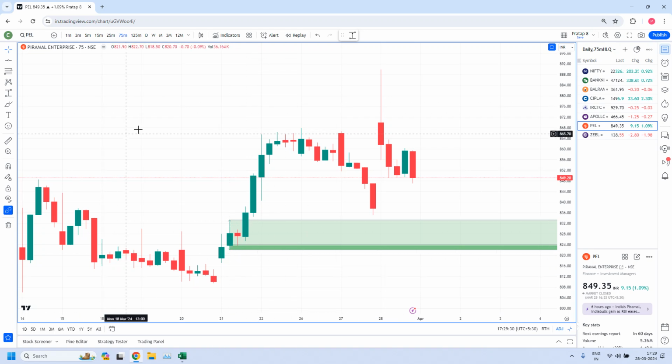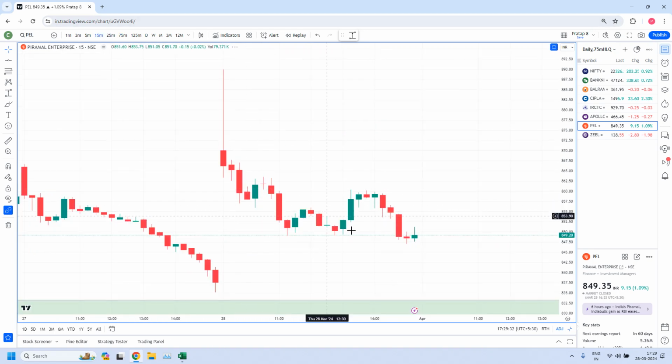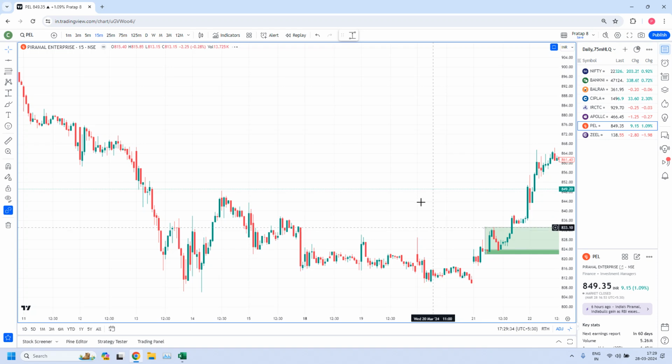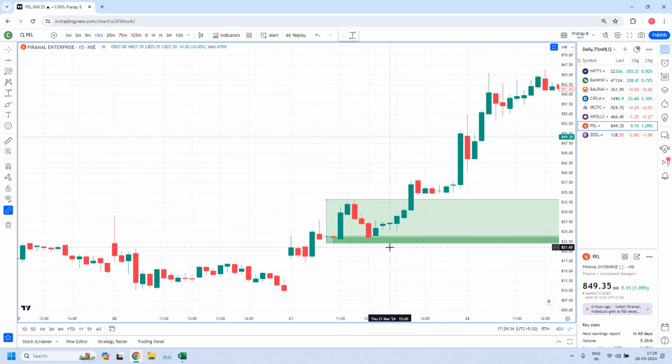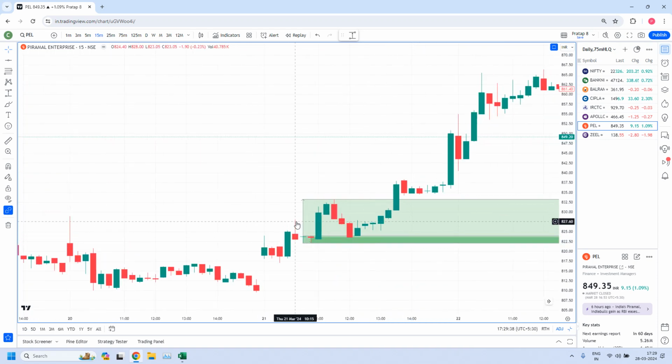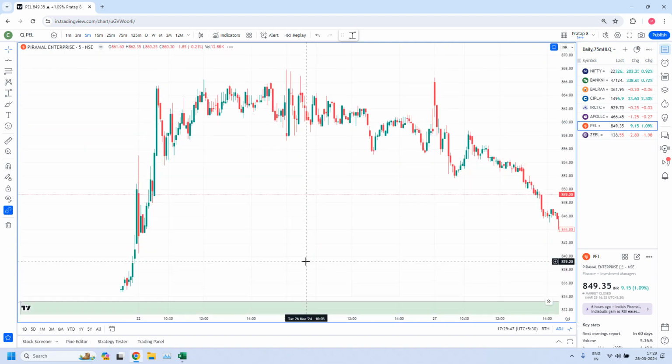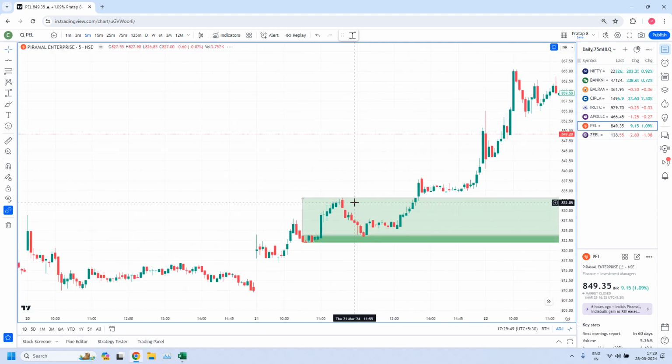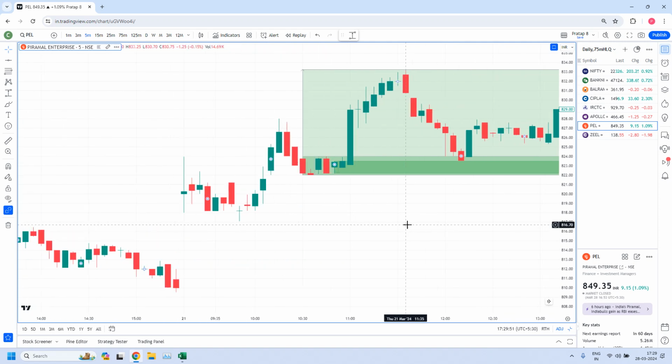And inside this zone, we fine-tuned with 15 minutes. See here, we have an ERC candle as a leg-in, 2 base candles and a rally candle. And within this 15 minutes, again we fine-tuned with 5 minutes. We have a drop candle, 2 base candles and a rally candle.